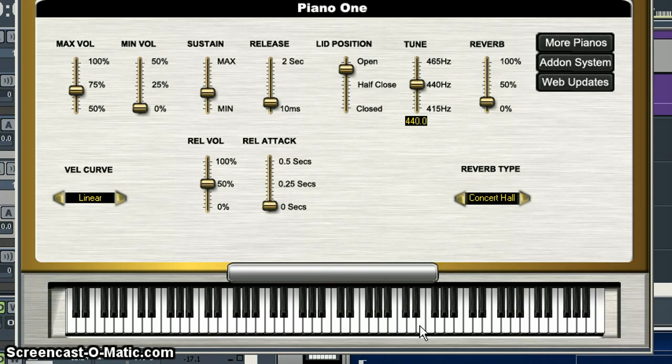This is a 5. This is a flat 6. This is a 6. This is a flat 7. This is a 7. This is an octave of the 1.